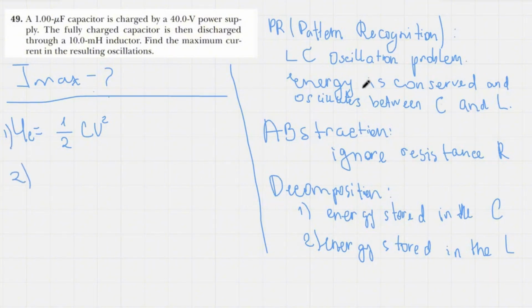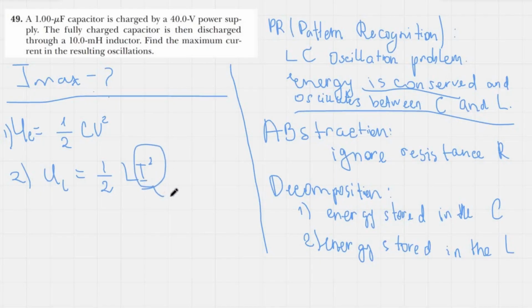Now we say that the energy is conserved, and it oscillates between the capacitor and the inductor. So the energy in the inductor will be 1 divided by 2 L multiplied by I squared. The current in here will be our maximum current. Since the energy is conserved, the energy stored in the capacitor and the energy stored in the inductor will be equal.